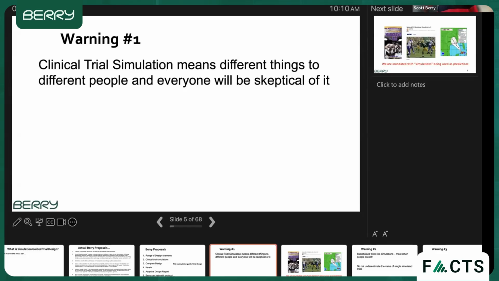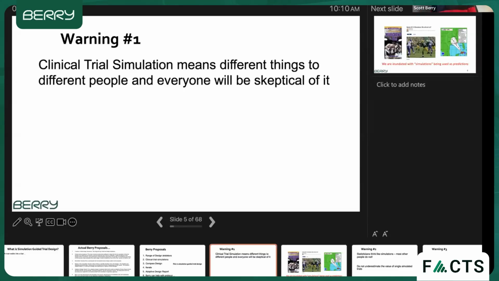For example, PK/PD scientists do simulation. They do a very different brand of simulation than simulation guided trial design. They're actually forecasting what's going to happen when we put this in the body, what's going to happen on clinical endpoints based on the amount of exposure and the amount of dose and various things like that.